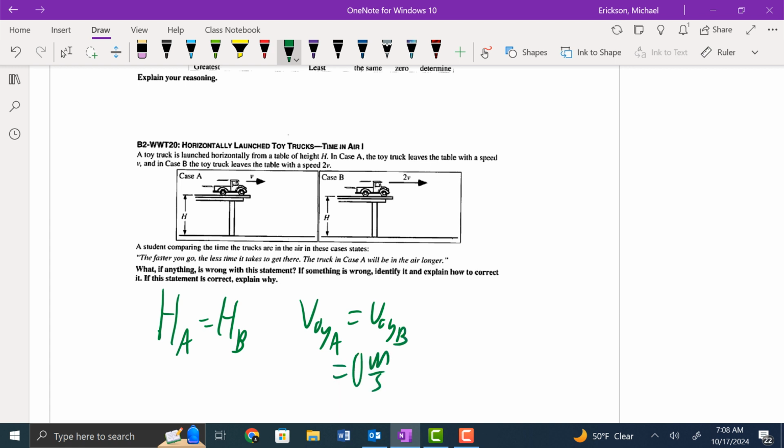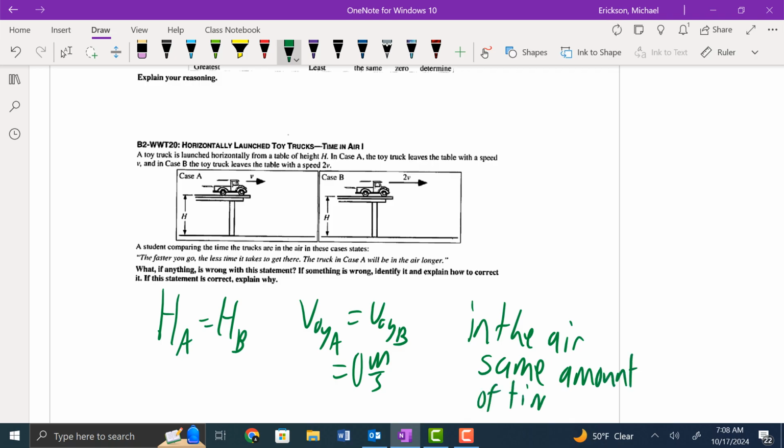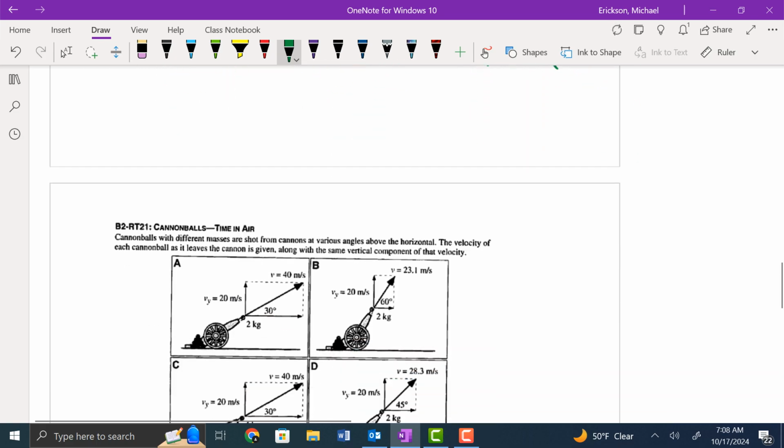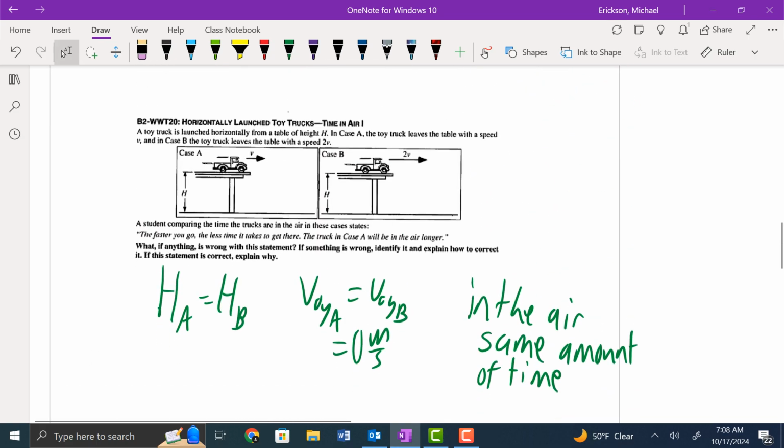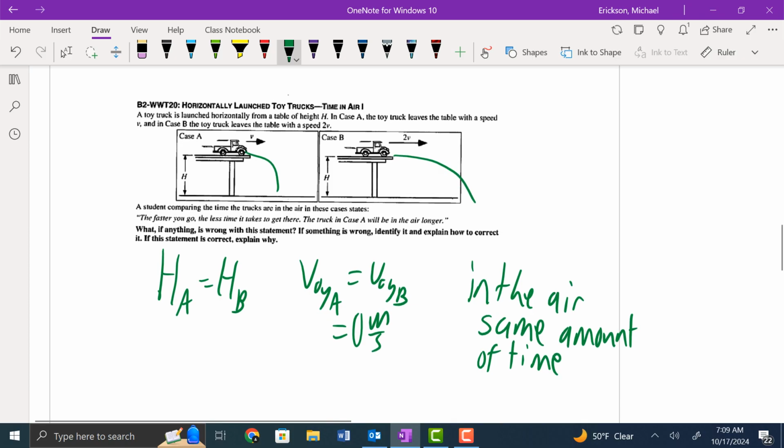So they will be in the air the same amount of time. The only thing that would change is that B is going to go further because it has more velocity, but that doesn't mean it's in the air longer.